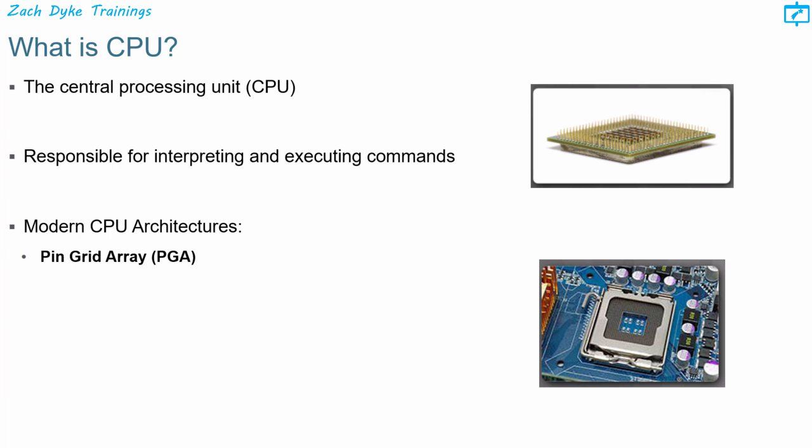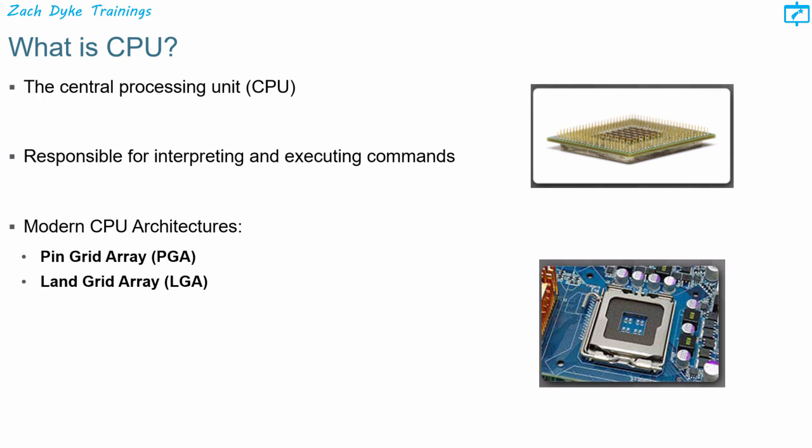And we have another type, land grid array, in short LGA, and this time the pins are actually in the socket instead of on the processor. So on the pin grid, the pins are underside of the processor package, and on the land grid, the pins are in the socket instead of the processor. So this part is important.